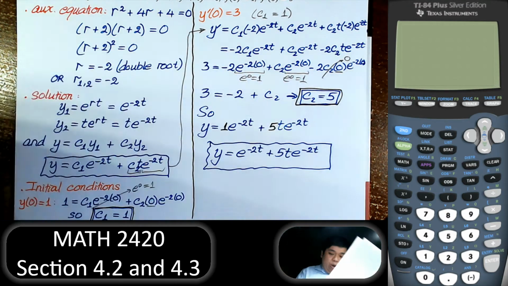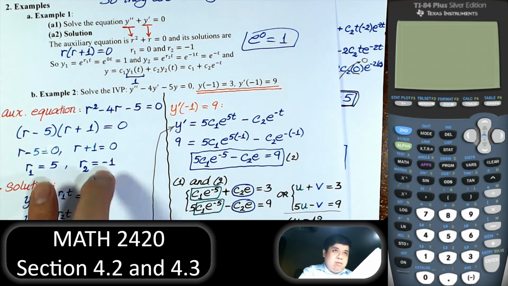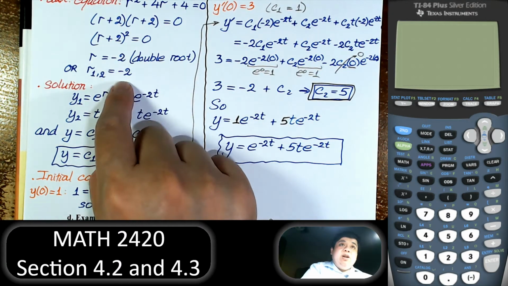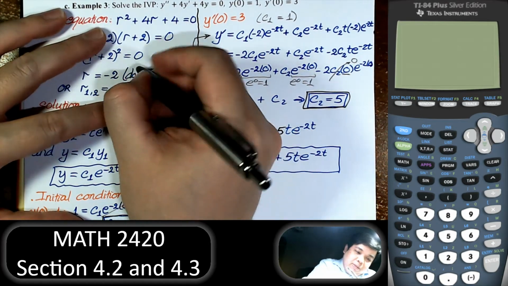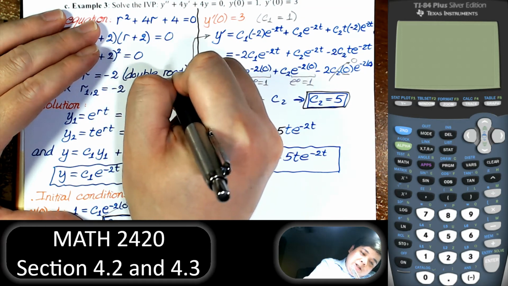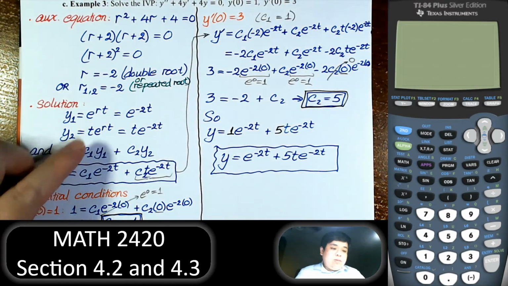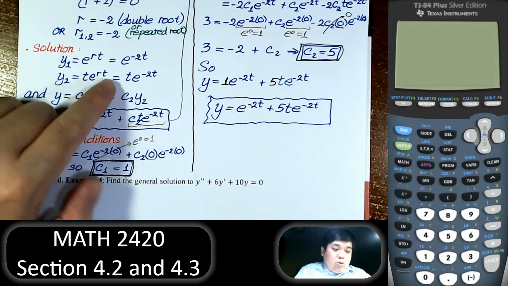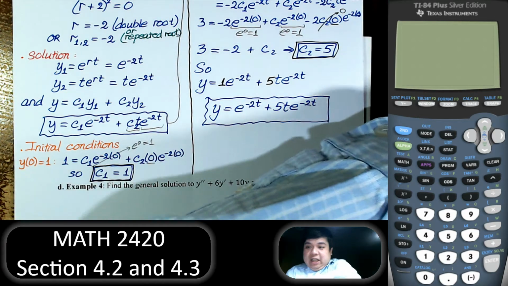Right, so we have two cases already. The first case is where we have two real distinct roots, and those will be the solution. Now if we have a repeated root or double root, then we have this case where we stick a t to it, stick a variable to it, to make it linearly independent.